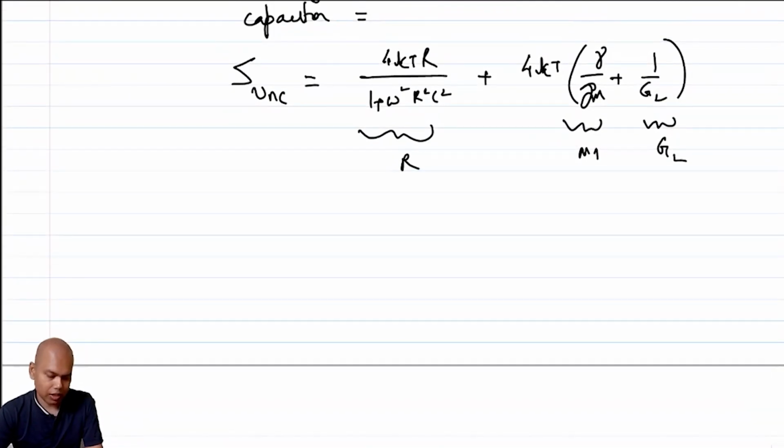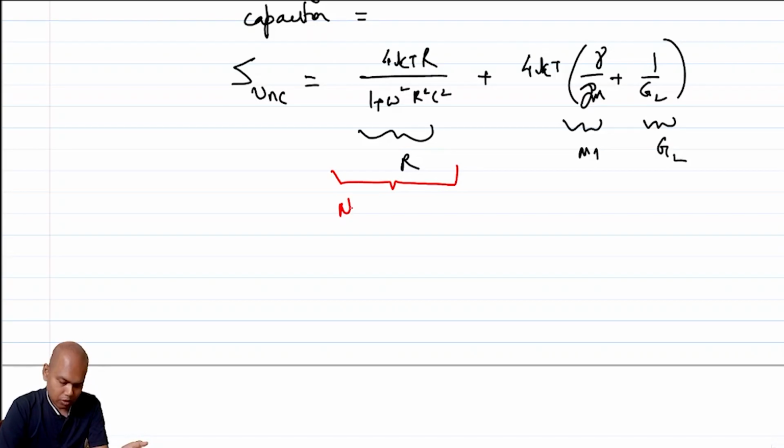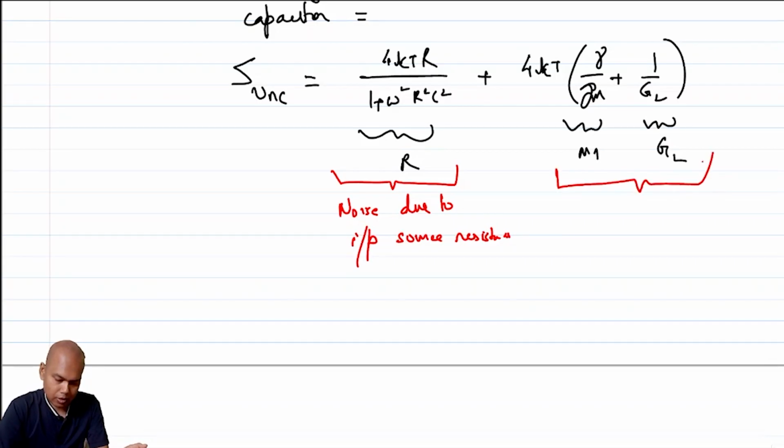If this is the total noise, I can split it between the noise that comes from the input source, the noise due to the input source resistance, and the noise that is a property of the network, the noise due to the network.